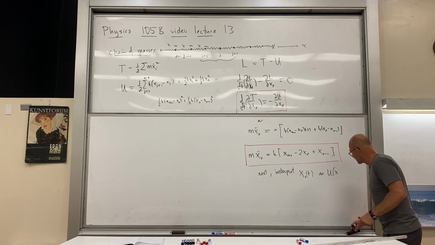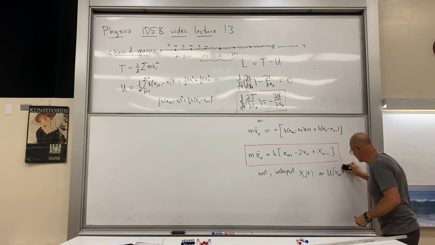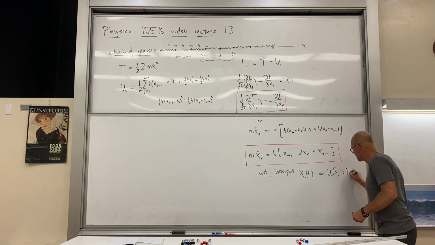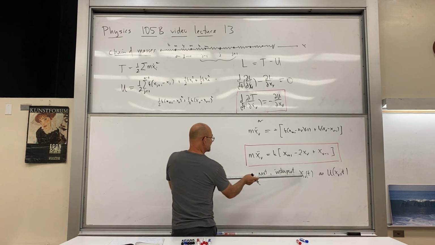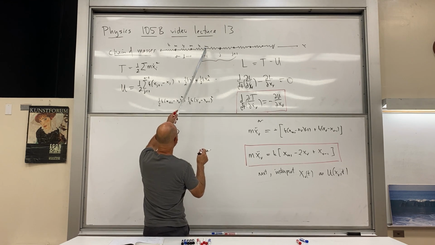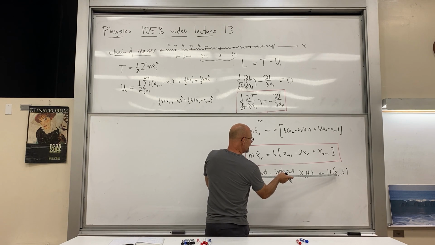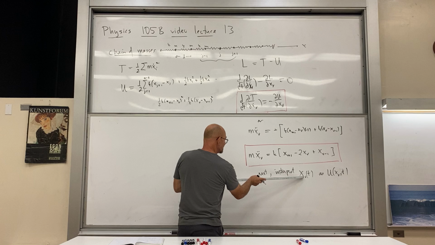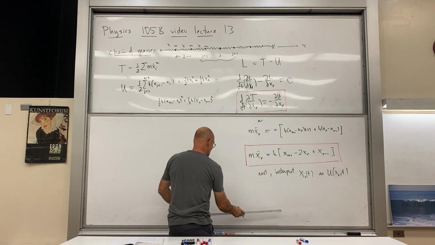Let's write that out a little cleaner. So what do we mean by that? What we're going to do is associate the displacement of this numbered particle as a displacement at that location. Okay, so we're interpreting the displacement here as a location on the number line.